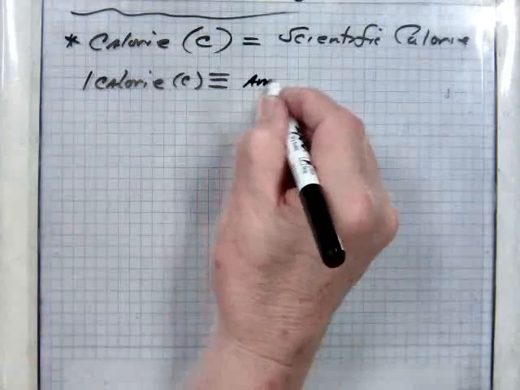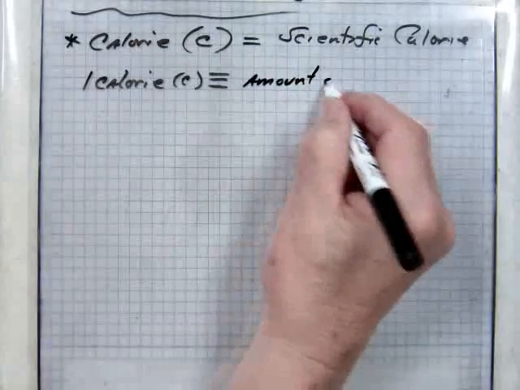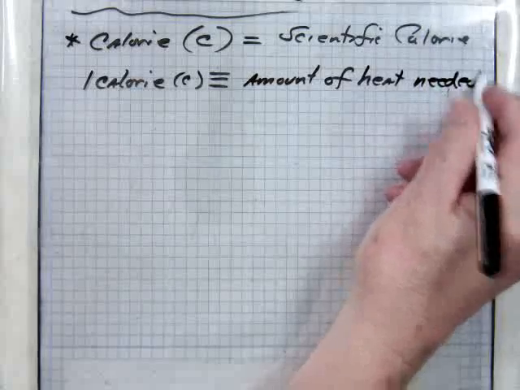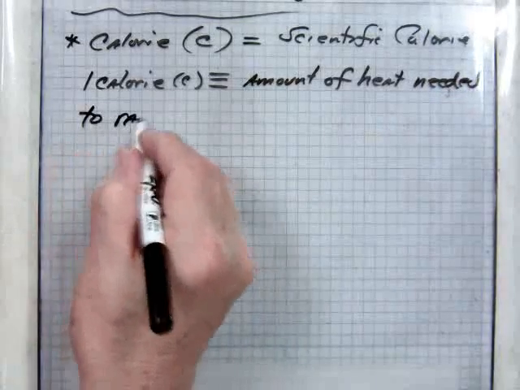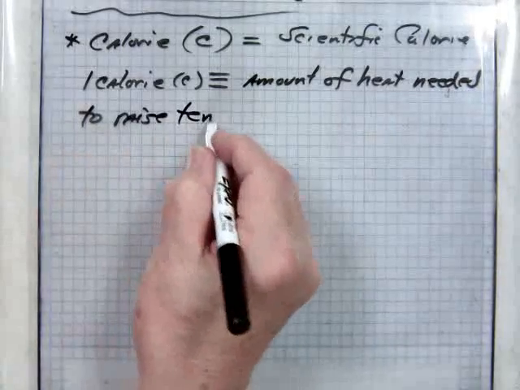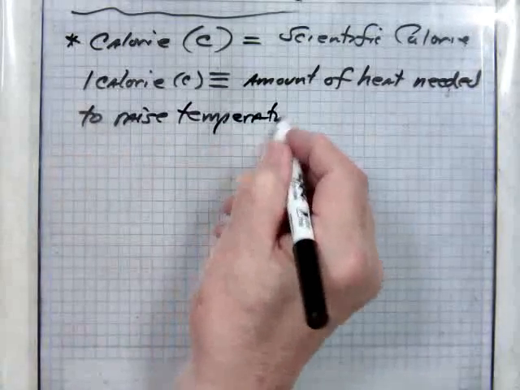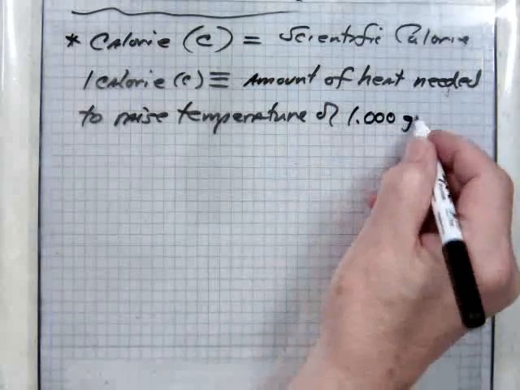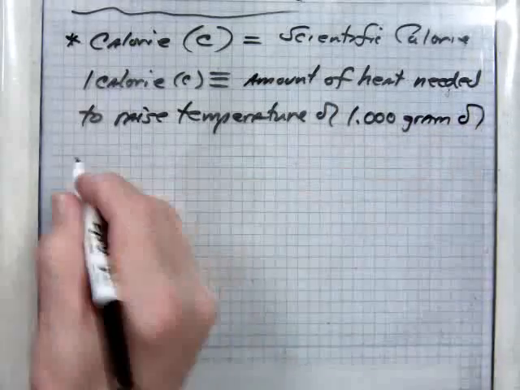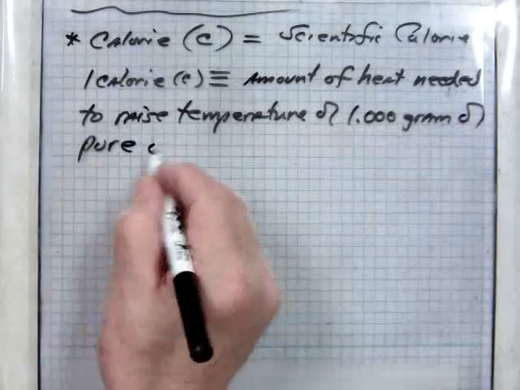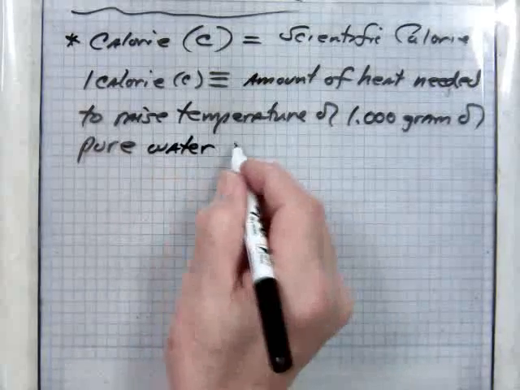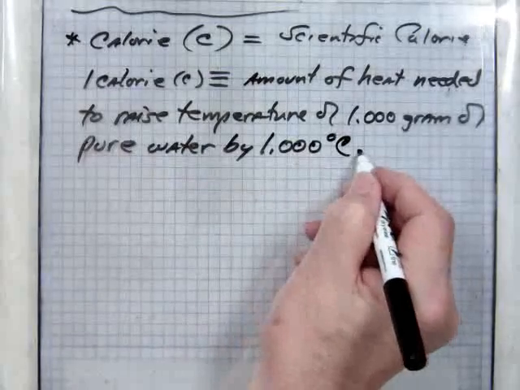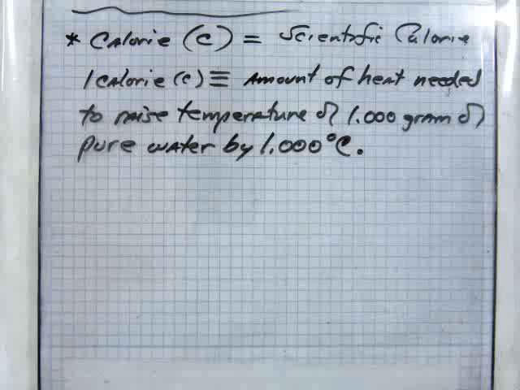The amount of heat needed to raise the temperature of 1.000 gram of pure water by 1.000 degree centigrade. That's the absolute.